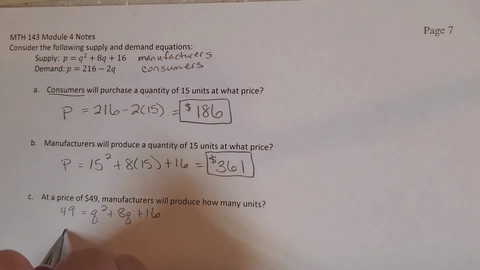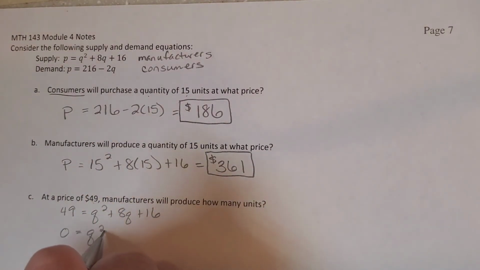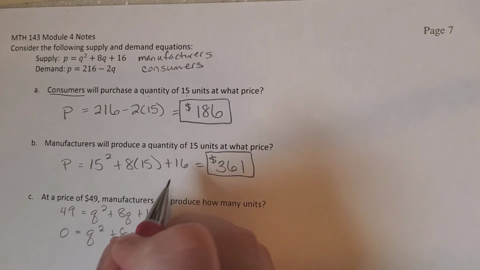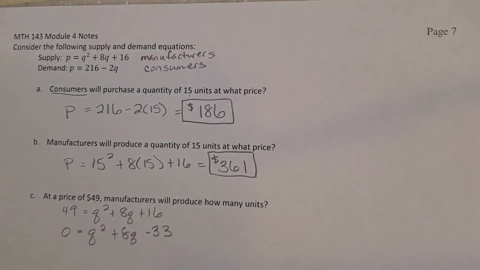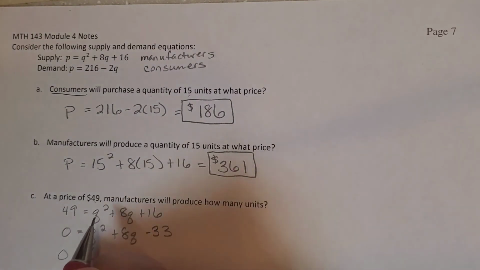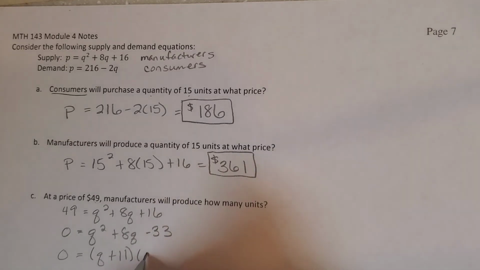So subtract the 49, we get Q squared plus 8Q minus 33. And then again, either factor or use the quadratic formula. This one does factor as Q plus 11 and Q minus 3.